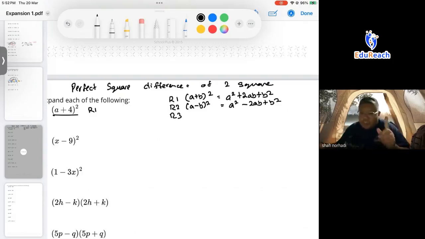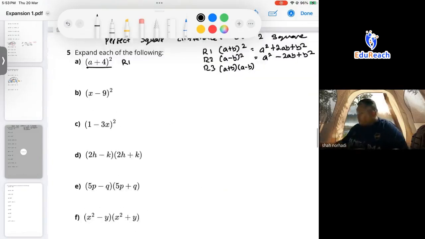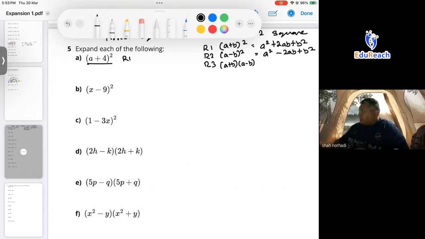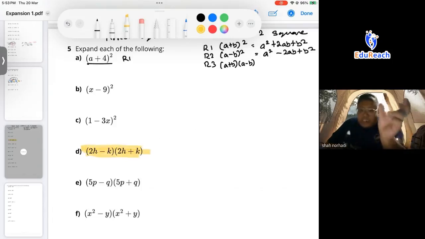Now, rule 3 is a bit different. Rule 3, right? It is a difference between the two square. That means I take a plus b, I multiply with a minus b. It will look something like this. Can you see? First one is, okay, it can be plus first or minus first, doesn't matter.